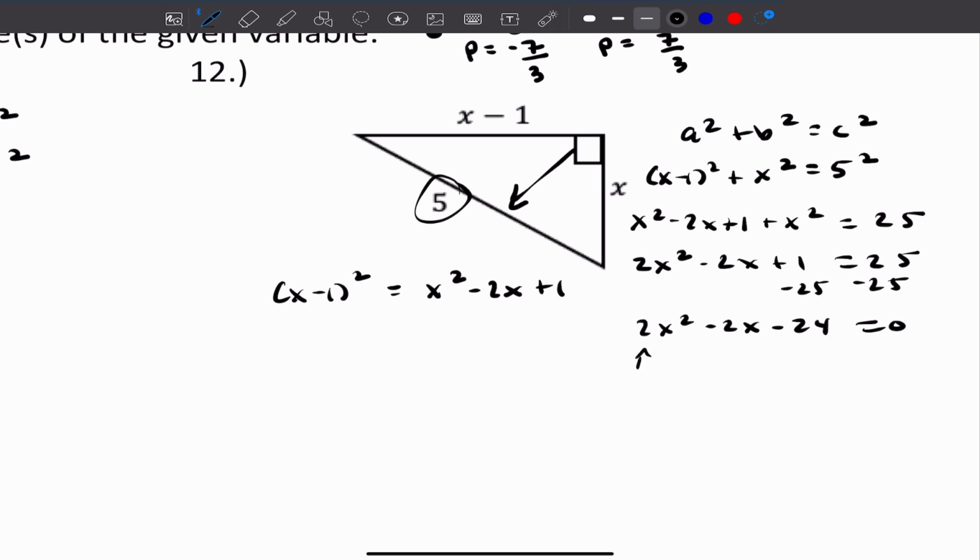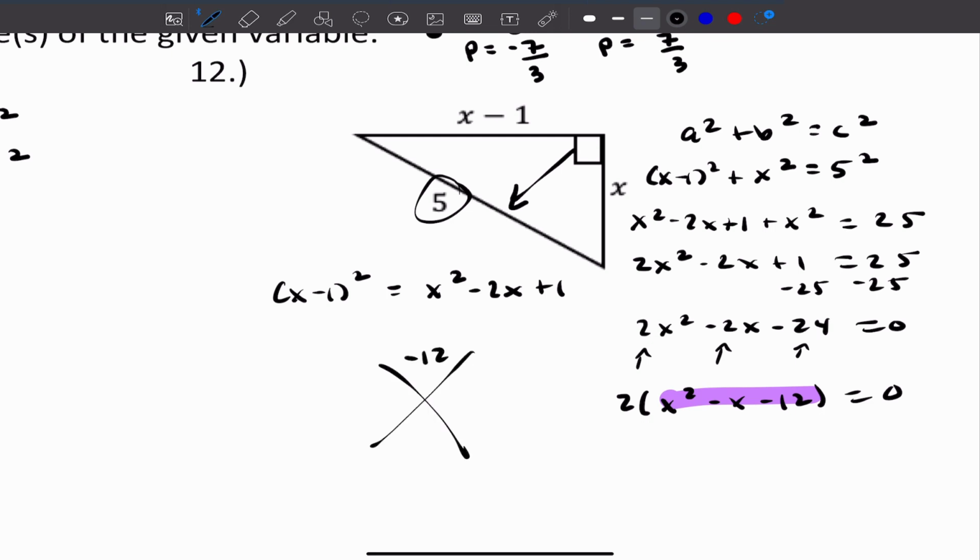What do 2, negative 2, and negative 24 have in common? Well, 2 goes into all of those numbers, so factor the 2 out. 2 times x squared minus x minus 12 equals 0. Focus on this. This is a trinomial, which we're going to use the x method for.